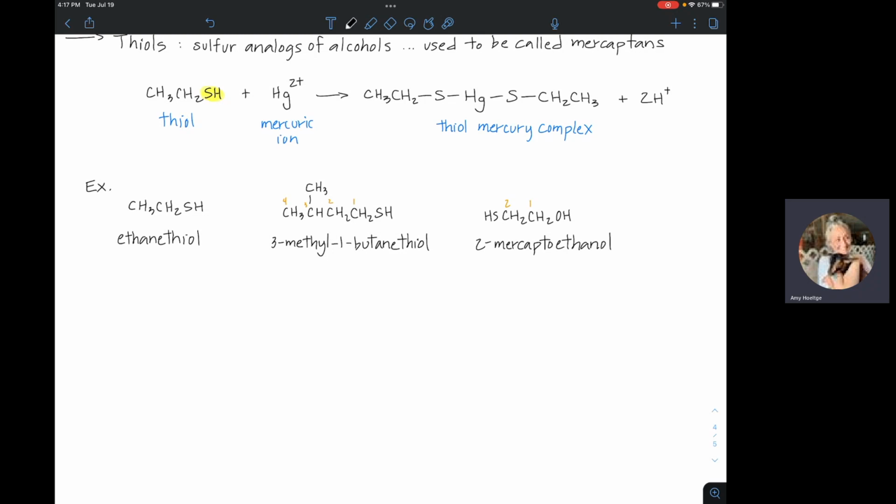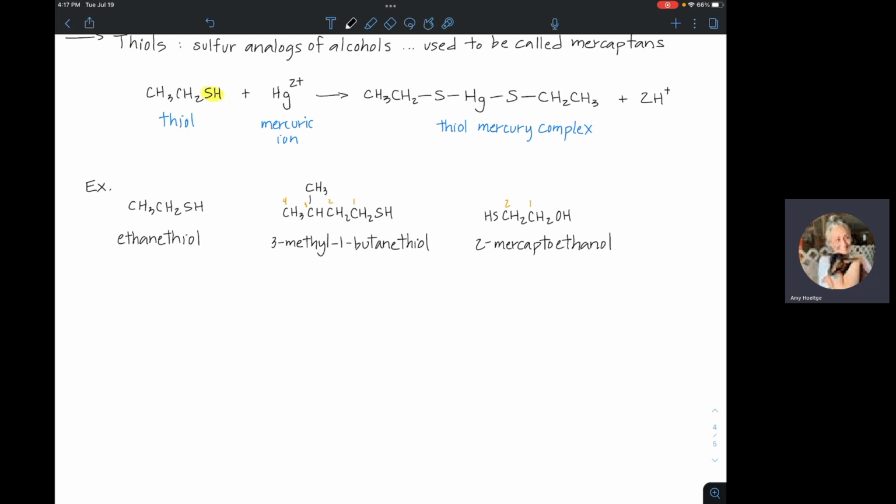So their nomenclature isn't too complicated. And in terms of prioritizing functional groups, this is the first time we've run into what takes priority if you have two functional groups on a molecule.